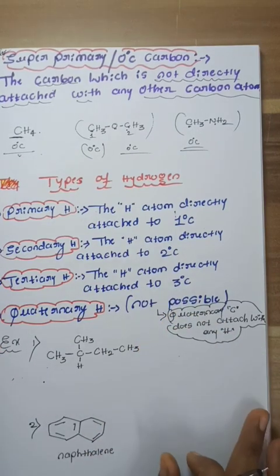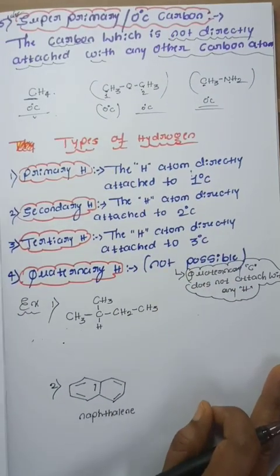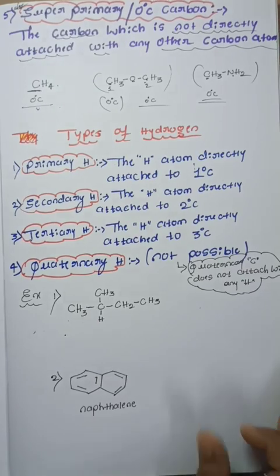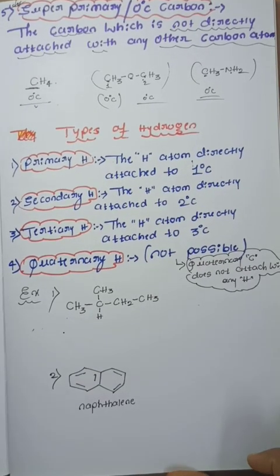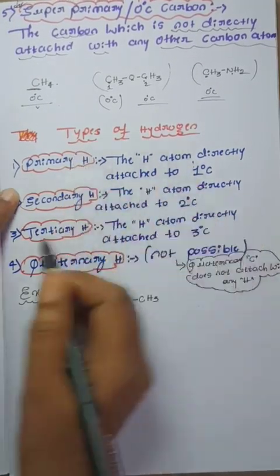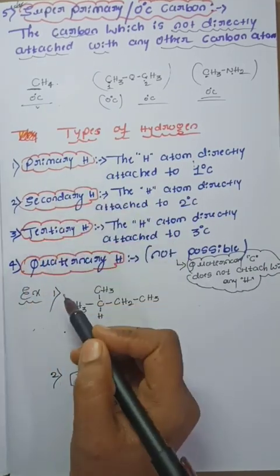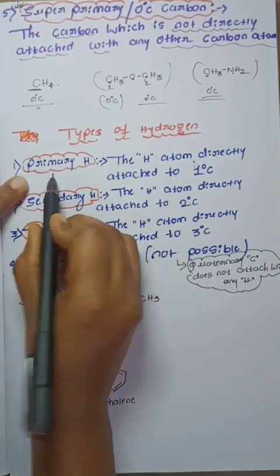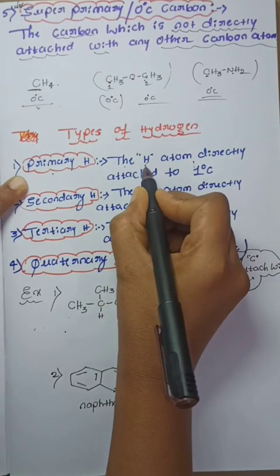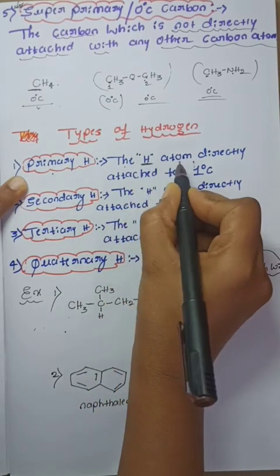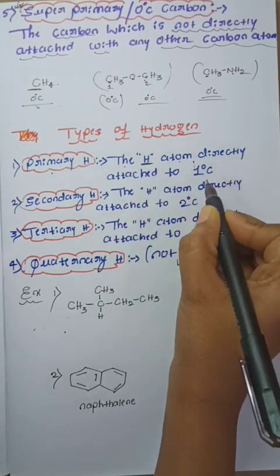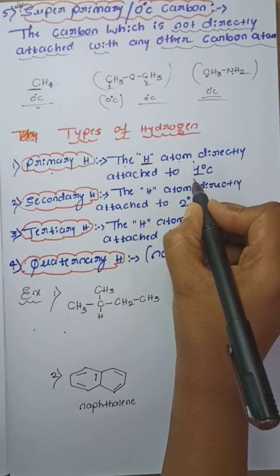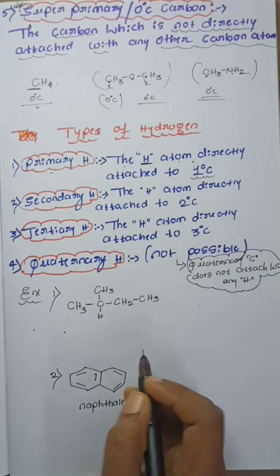Understood? Now the next topic is types of hydrogens. This is very important and very easy also. There are again four types. Primary hydrogen means the hydrogen atom directly attached with primary carbon.